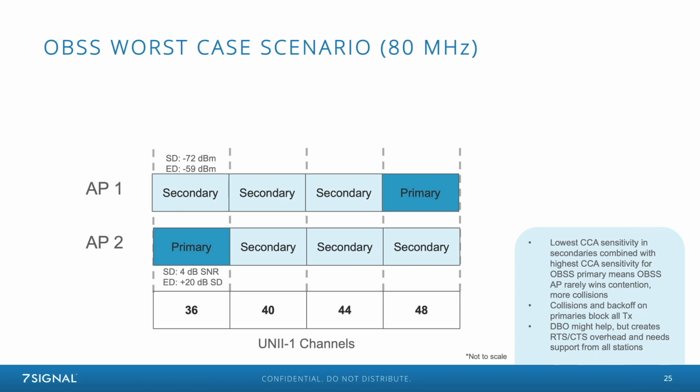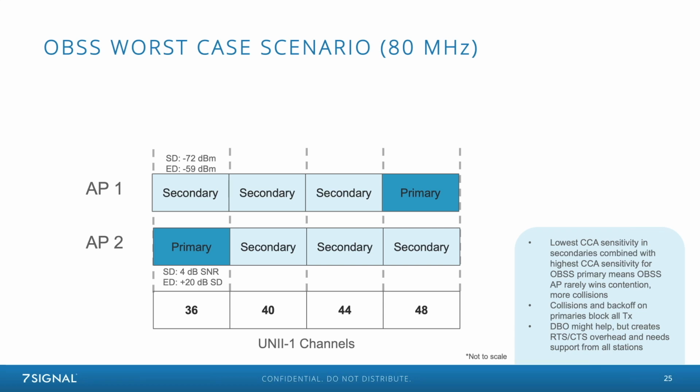And we're going to have collisions because it's going to transmit on top of AP2 if AP2 has already begun a transmission. And AP2 is not going to be able to win the channel as often as it should because its signal detect threshold is so much more sensitive. It's going to hear that overlapping transmission and back off. So AP1 is going to be really aggressive and AP2 is going to be really conservative, and that's really going to harm AP2's chances of transmitting.